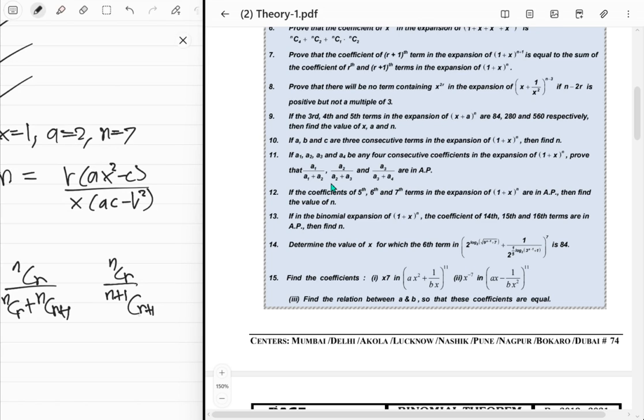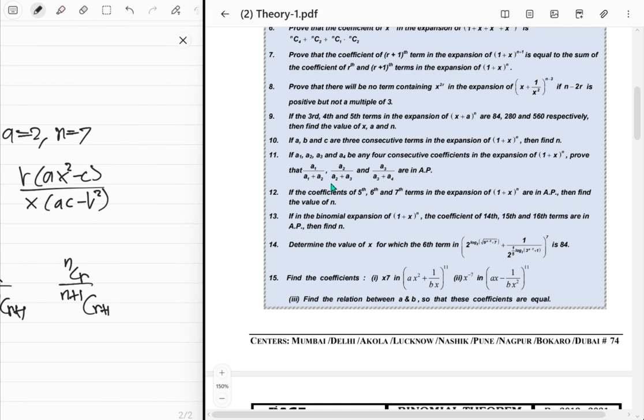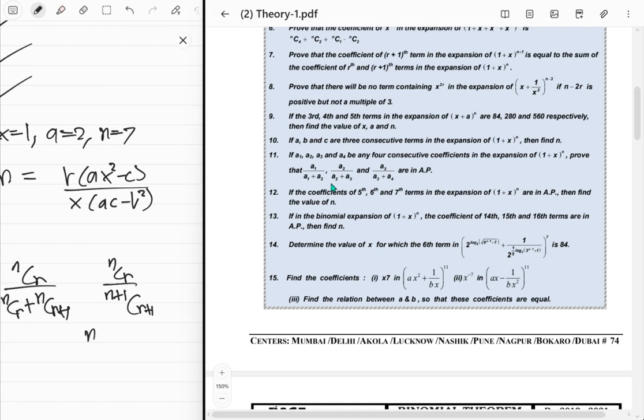Let's figure out what this is. N factorial upon N minus R factorial, that upon N plus 1 factorial upon the same N minus R factorial, then you've got R plus 1 factorial. So this cancels, this has R plus 1 over here, and this is gone.